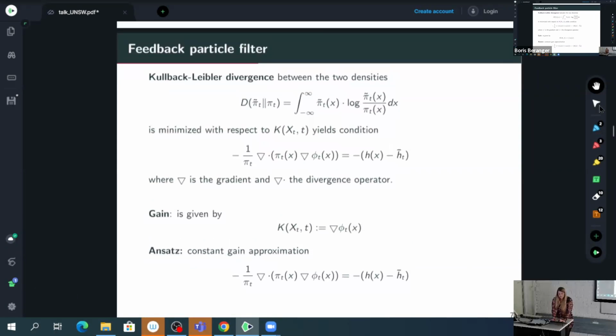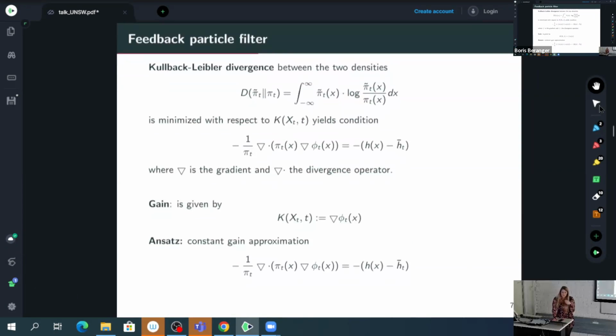And with this idea in mind, Pasha Meta and Sean Meyn and collaborators came up with the so-called feedback particle filter, and they did exactly what I just described. They wanted to basically make the Fokker-Planck equation of the modified evolution equation equal to the Kushner-Stratonovich equation, and they used the Kullback-Leibler divergence to compare the two densities here.